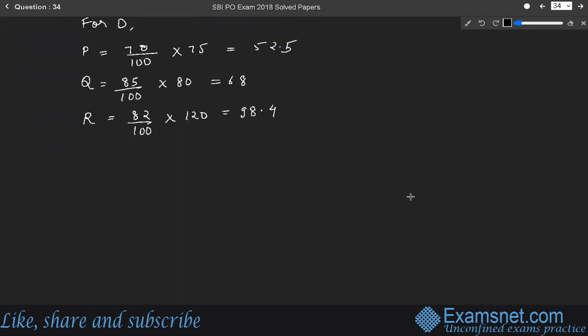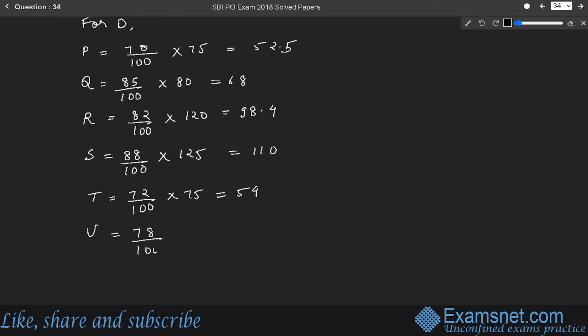Similarly, marks obtained by D in subject S is equal to 88 upon 100 into 125, which is equal to 110. Marks obtained by D in subject T will be equal to 72 by 100 into 75, which will give 54. Marks obtained by D in subject U will be equal to 78 by 100 into 150. So it will be equal to 117.